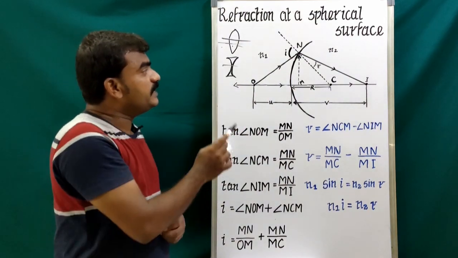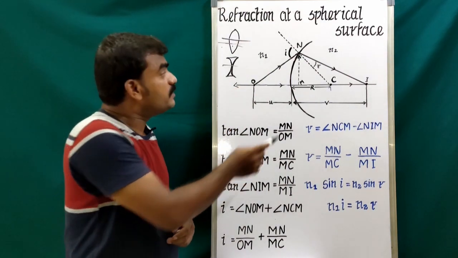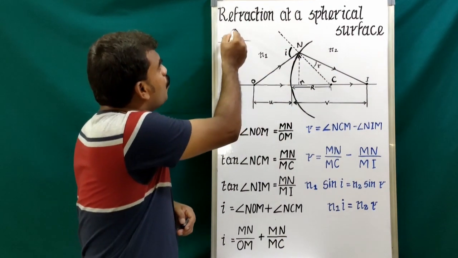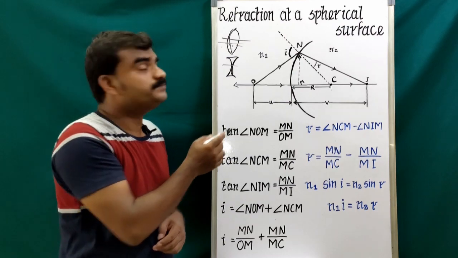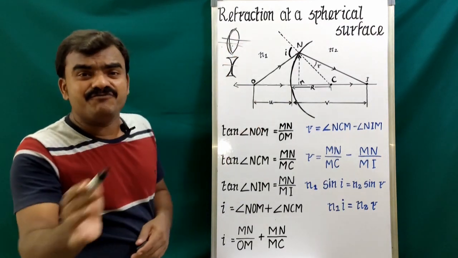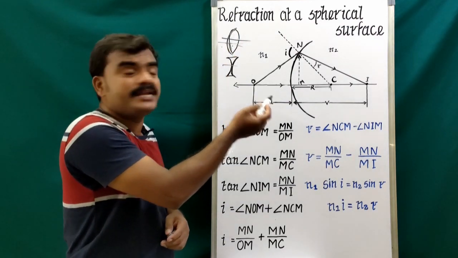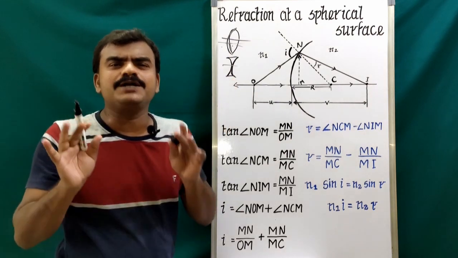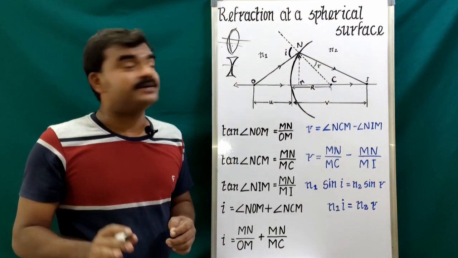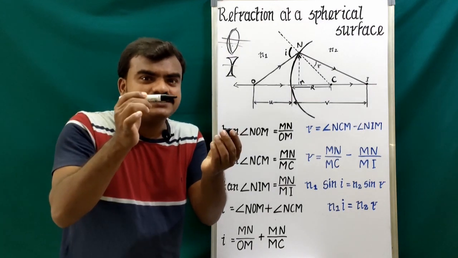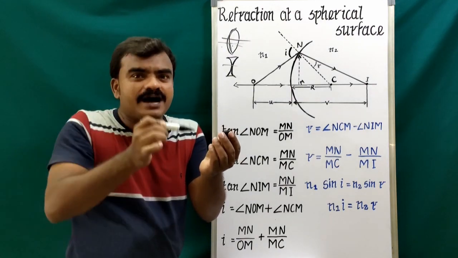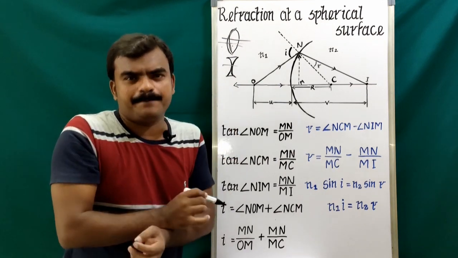And then here in this topic, we are focusing only on one surface, not the remaining one. Only one surface. If we pass the light through this one surface, what will happen? That's all. That is the idea of this topic. If you pass the light through the lens, and particularly at this side, what will happen?